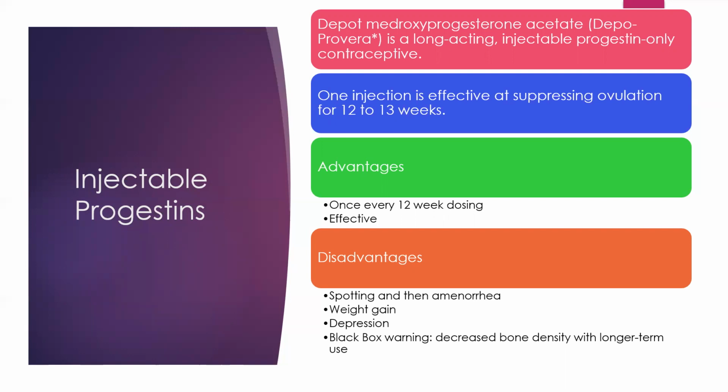It is metabolized by the liver and excreted in the urine. Side effects include nervousness, headaches, depression, acne, changes in appetite, weight gain, excessive growth of facial and body hair, hair loss, and osteoporosis.